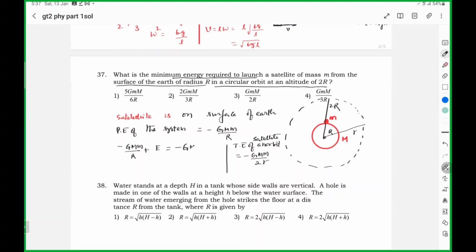Here this small r is nothing but R plus 2R, that is 3R. So the energy which must be imparted is 5 GMm by 6R.